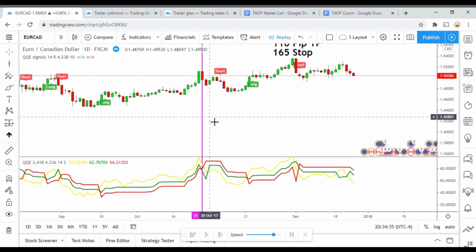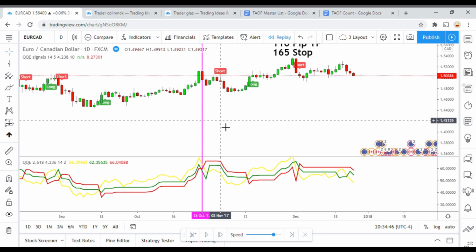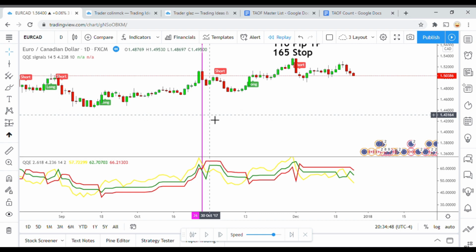Now we need to wait for a defined signal that we should actually be going short, and the momentum is in our favor, basically, or the trend, I guess I should say.